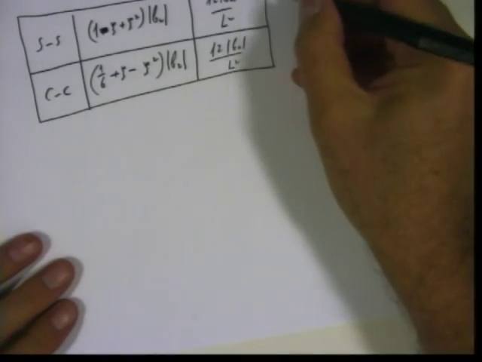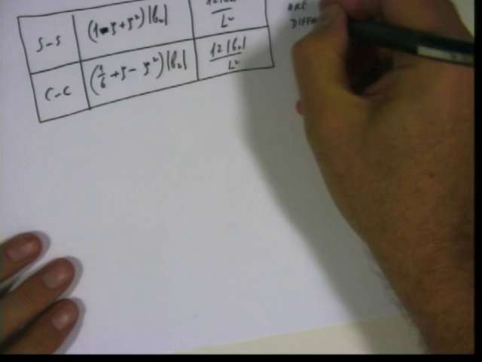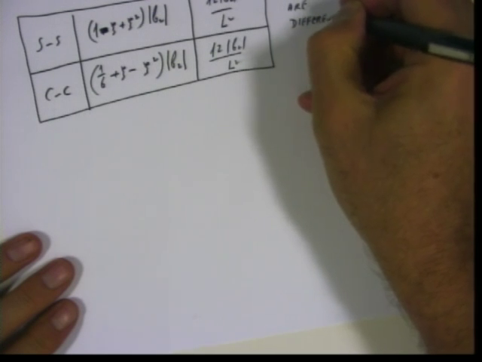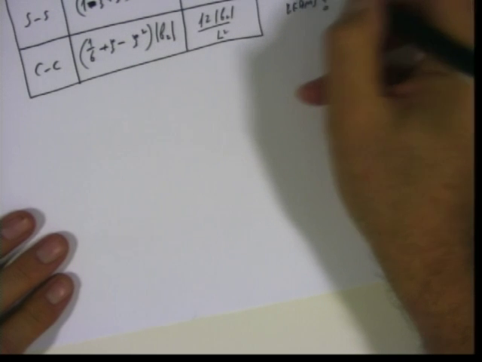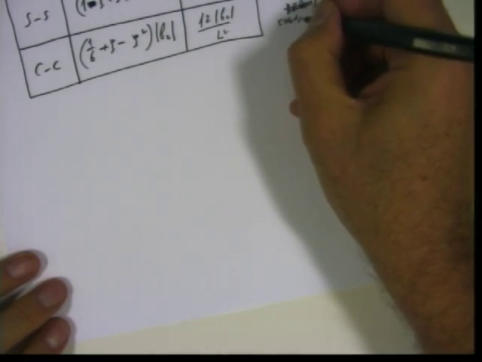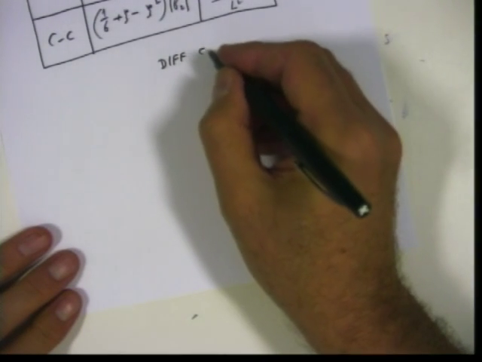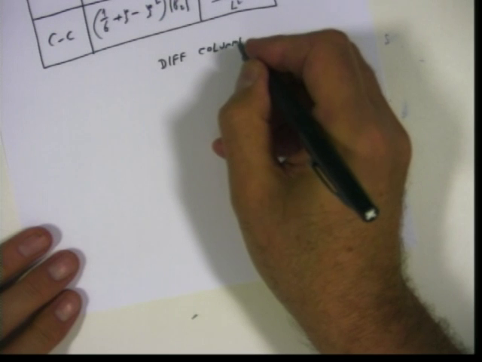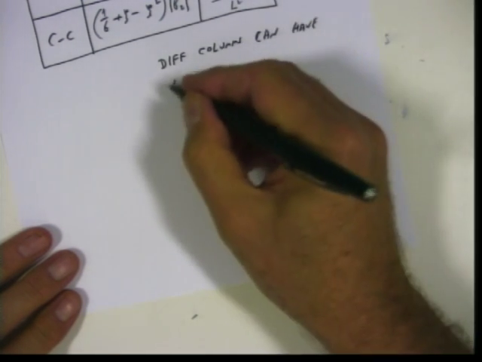These are different beams, different columns. Different columns can have the same buckling load.